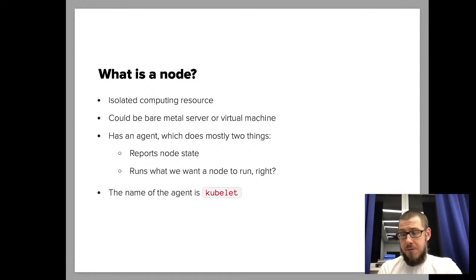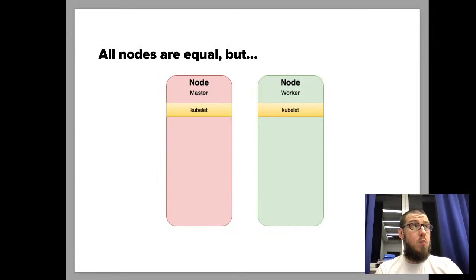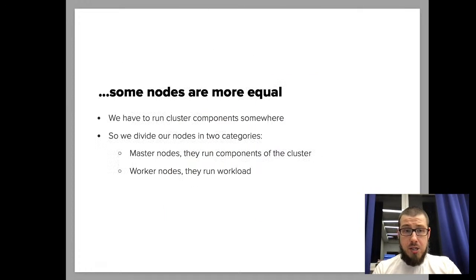Okay, so we have talked about how a node becomes a node when we install an agent. And we must have our nodes not all equal, so we have to split our nodes into categories. We have to run cluster components somewhere, something that does management tasks for our cluster.